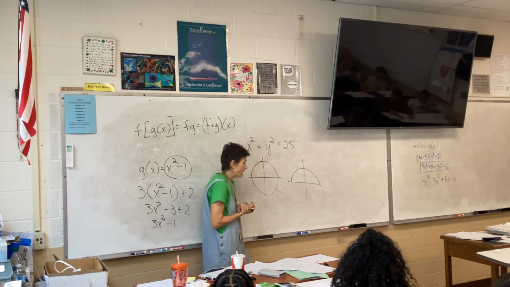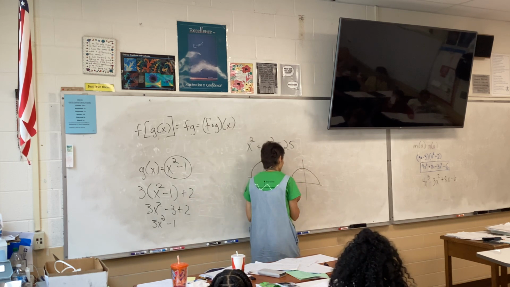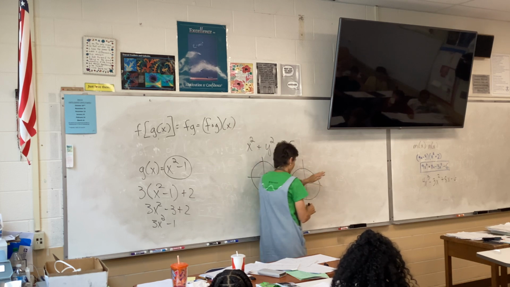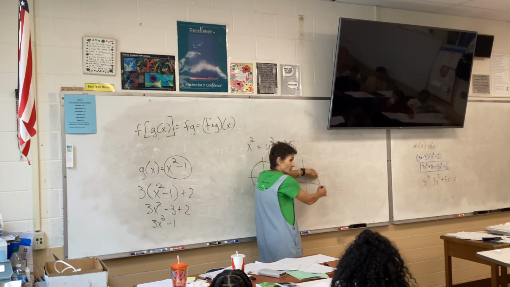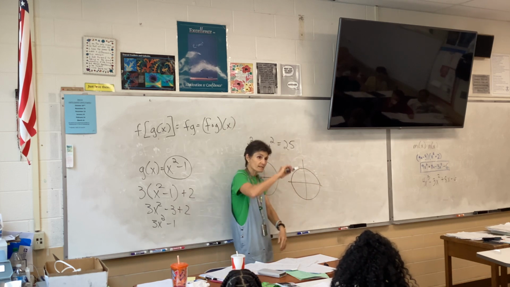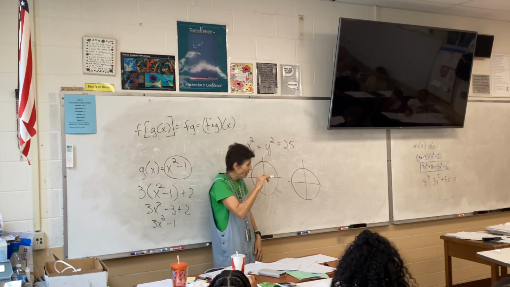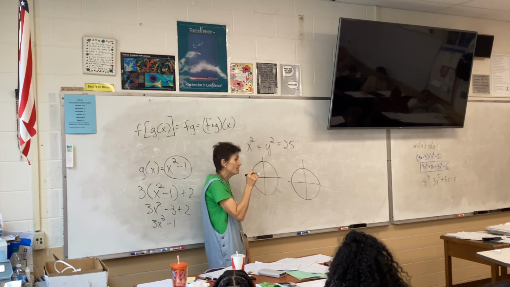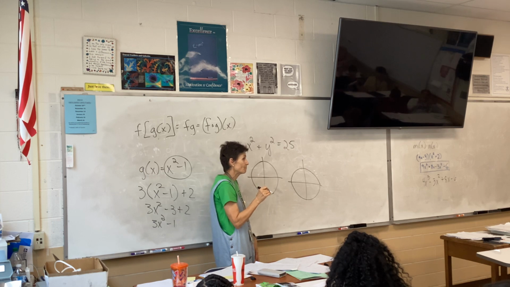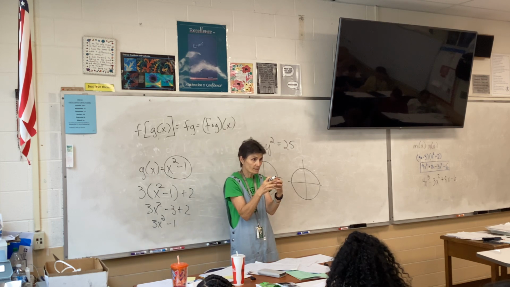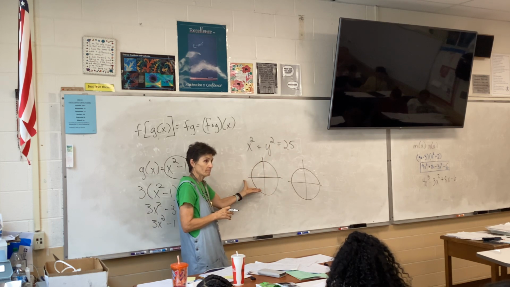Yes. And then if I could also graph the bottom half of the circle, would that piece be a function? Yes. Okay, so the top half and the bottom half are called the implicit functions. They are the little functions that make up this big shape.